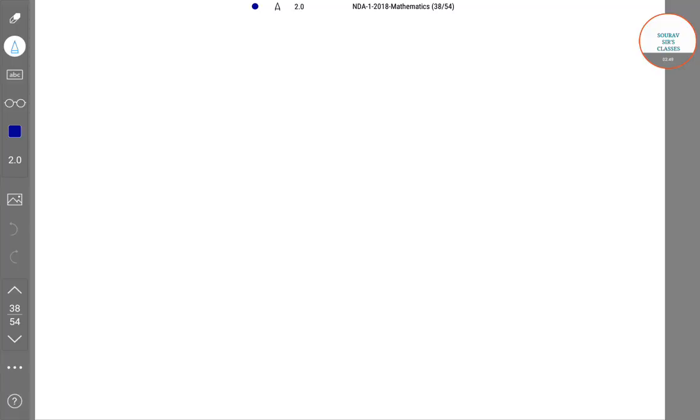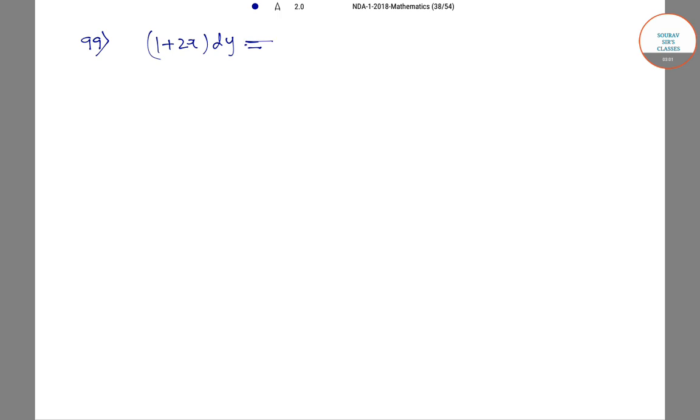So here we'll simply write down the question once. For question number 99, it is given (1 plus 2x) dy equals, sorry, it is minus (1 minus 2y) dx equals 0.